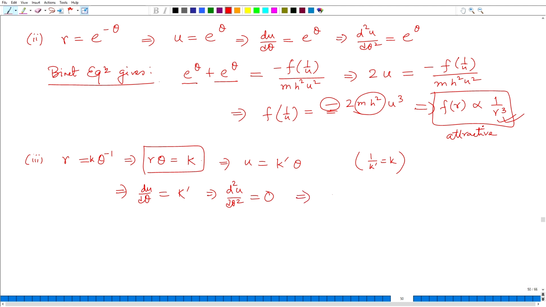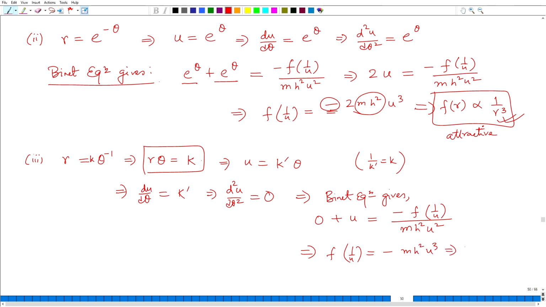And that is why finally, you again have the Binet equation giving 0 plus u is equal to minus f of 1 by u over m h square u square. Again you see your f is nothing but minus m h square u cube. So, f of r is equal to minus m h square by r cube.